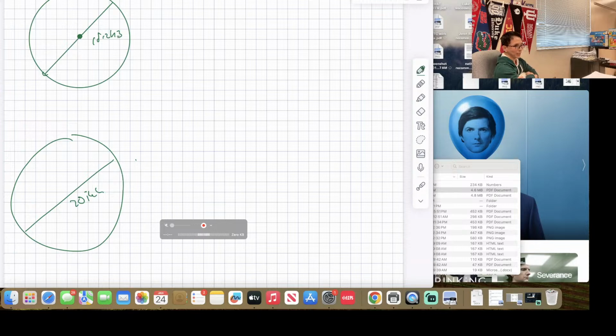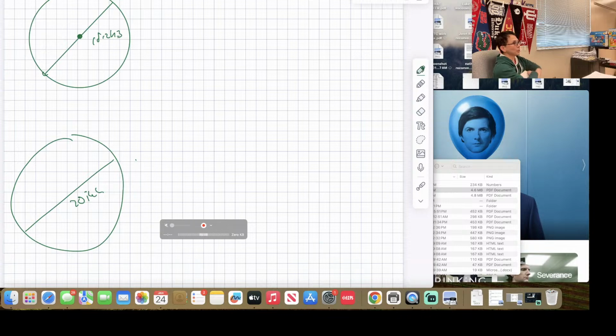One has a bigger rim, a bigger tire, which is 20 inches. And which car is going to go faster? Are both cars the same? I don't care what kind of car it is. It's the same exact RPM. Which car is going to go faster?